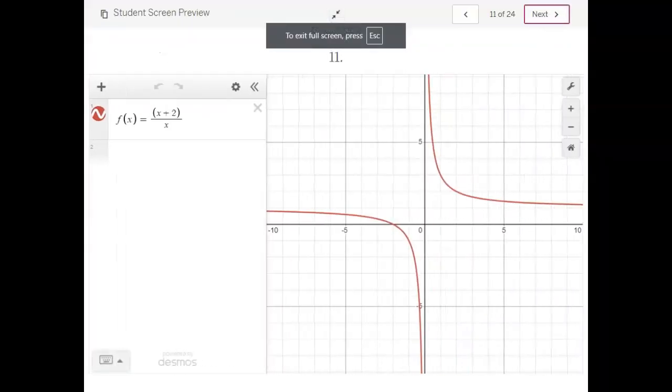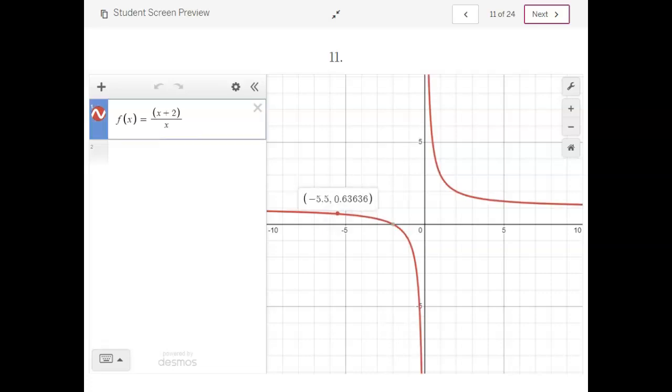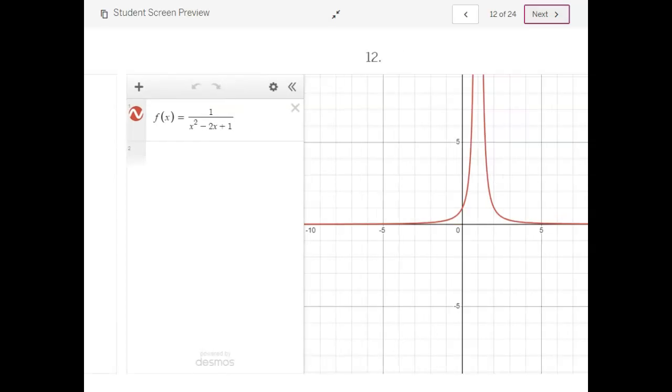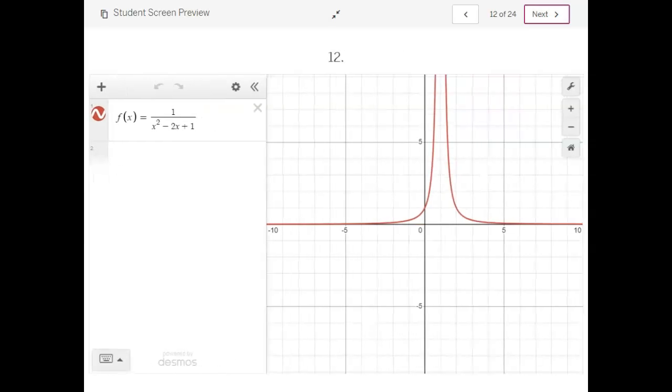Let's look at 11. First of all, is 11 a one- or two-sided limit? One, because I'm asking just from the left. So as I come in from the left, what is y approaching? -infinity, exactly. All right, is 12 a one- or two-sided limit? 2.